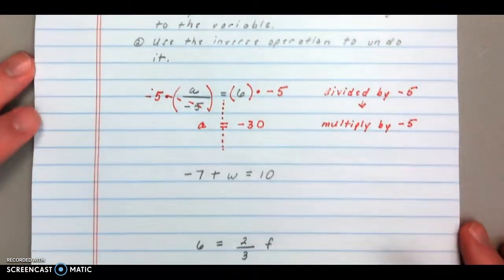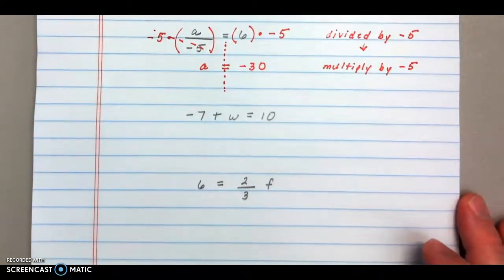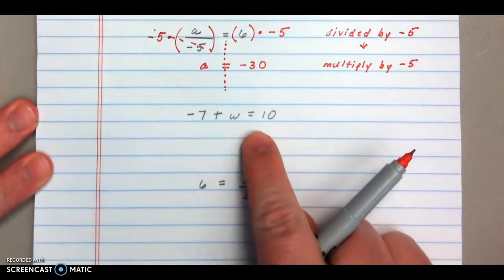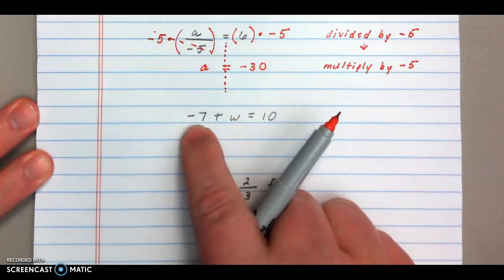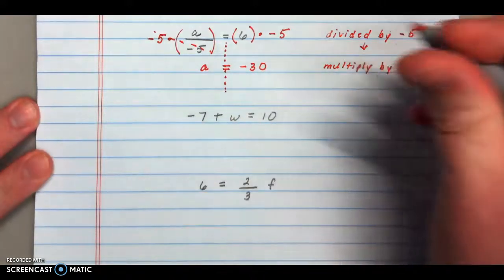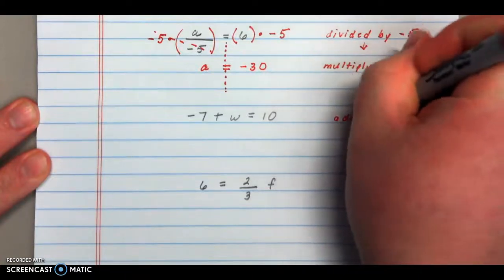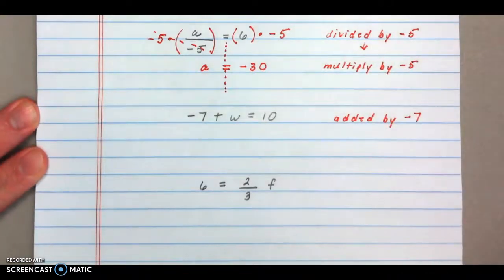All right, let's take a look at another one. Here we have negative 7 plus w equals 10. So in this case, this w is being added by negative 7.